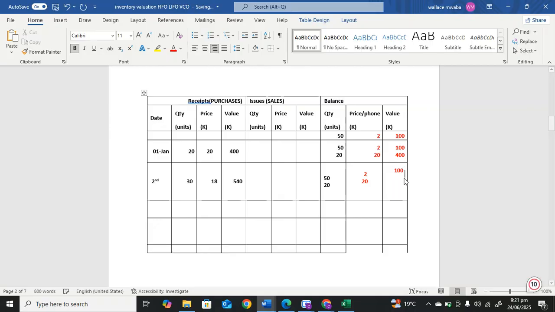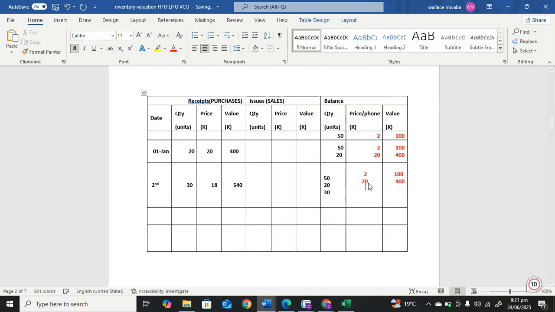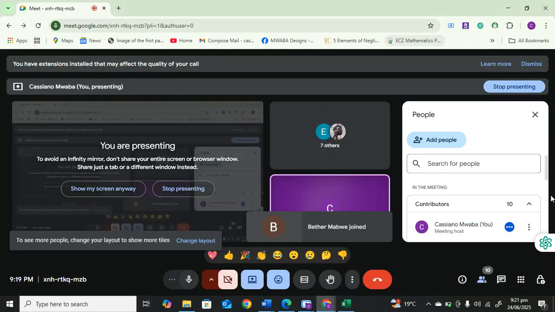You put the total value 400. Then now we've brought in 30 units valued at 18 kwacha. The value, 540.